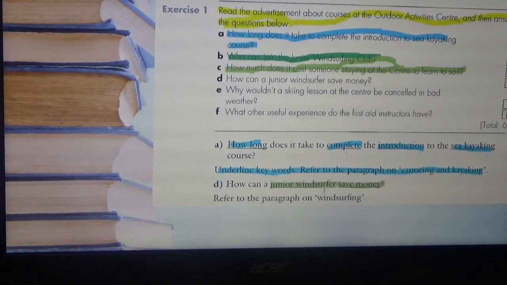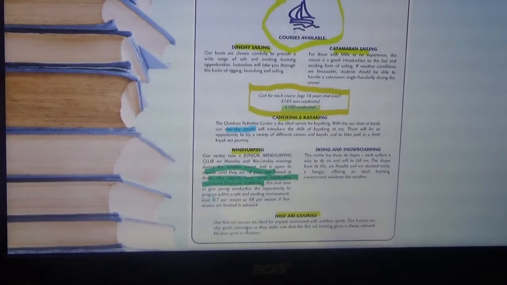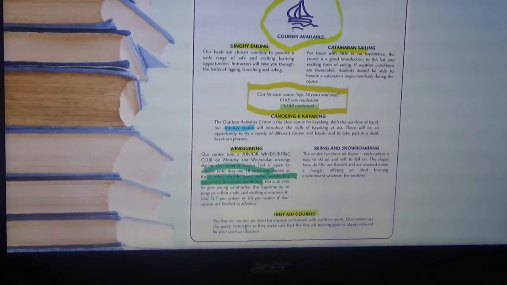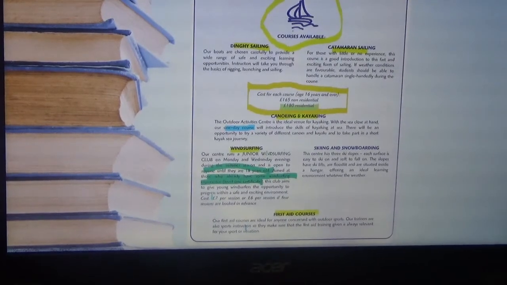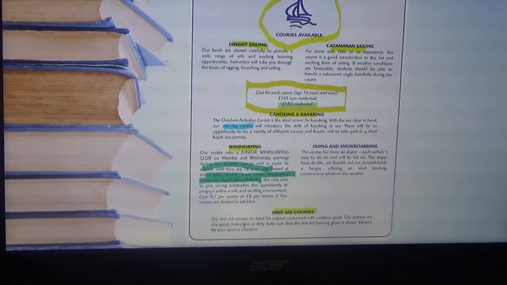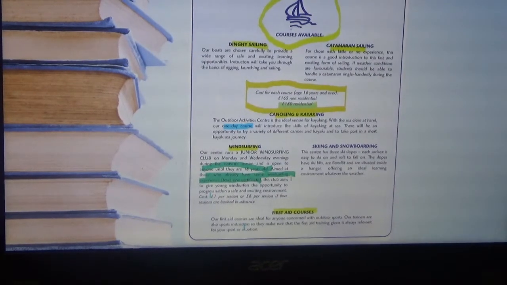We have to go back to the passage and go to the windsurfing paragraph. So we go to the windsurfing paragraph, which is again here, right? The question is how can a junior windsurfer save money? It's not here. The answer may not be found in the sentences we have read. So let's proceed here. Okay.